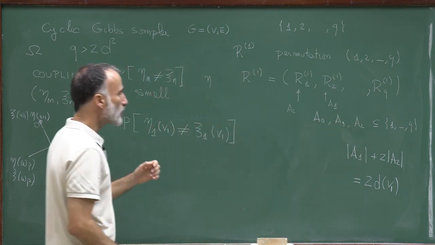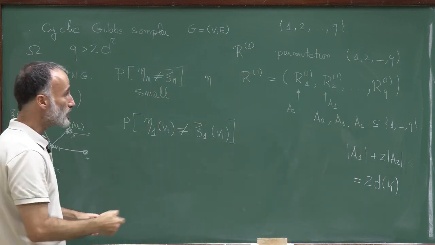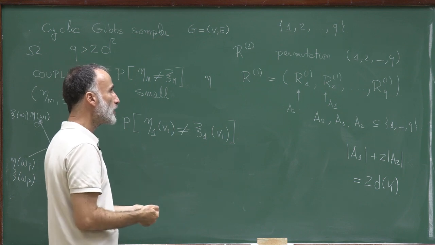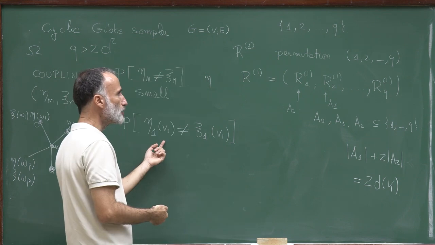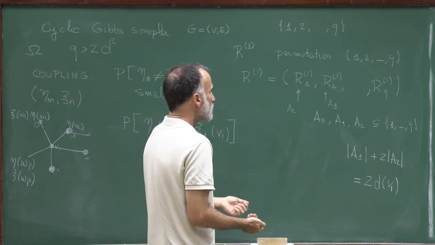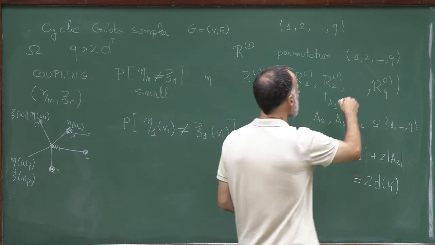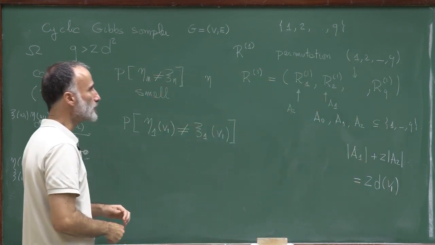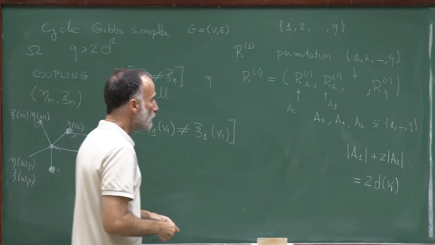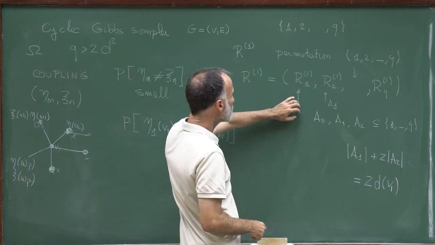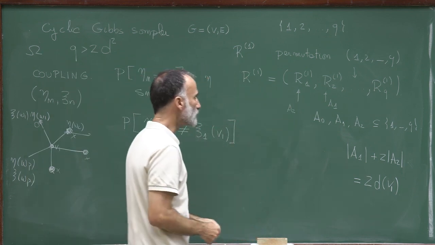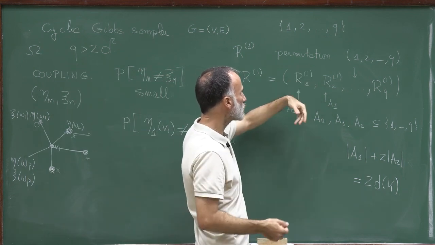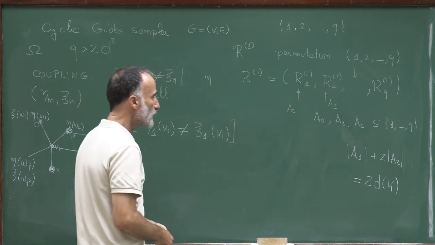If this color belongs to A1, this means that it's allowed for one of the configurations, but it's not allowed for the other configuration, which means that I will use one which is allowed, but I won't use it because it's not allowed for the other configuration. And for the other configuration, I will have to look further in my permutation. So my conclusion is that the set A2 here is not important because each time a color belongs to A2, I can just ignore that color and go to the next one.